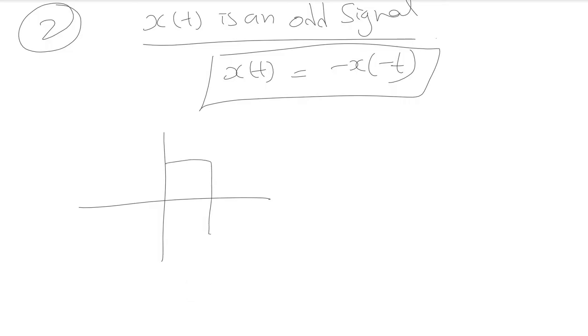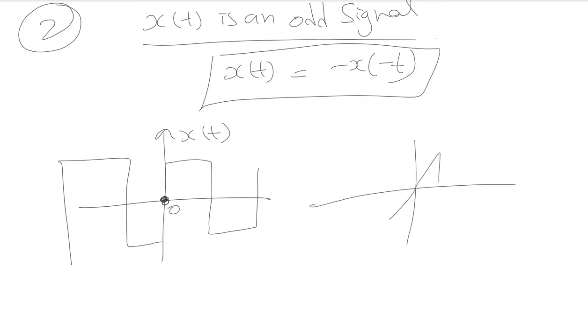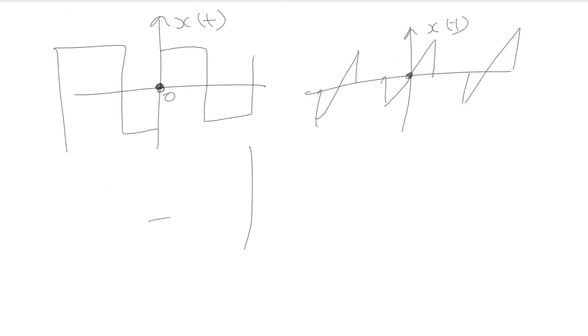That means if we have a look at some examples, this is one of the odd signals x(t) because it is symmetrical around the origin, and similarly this is again an odd signal which is symmetrical around the origin. A sine waveform is also an odd signal. These are some examples of odd signals.